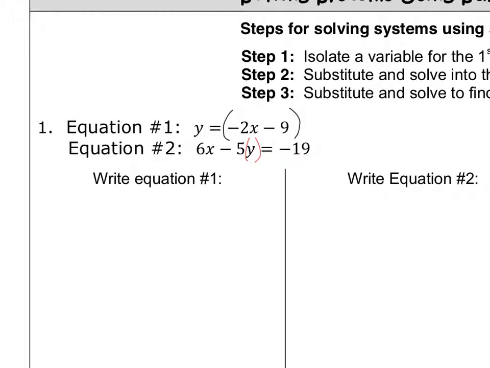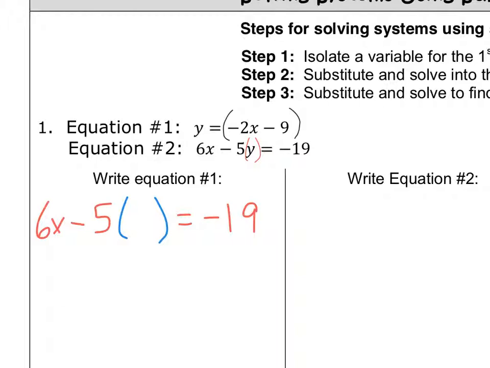So let's just rewrite this. We're going to rewrite it as 6x minus 5, but instead of the y, we're just going to put parentheses because that's the thing that we're substituting, equals -19. So we've just taken that equation and we've put the parentheses where we're going to do our substitution.